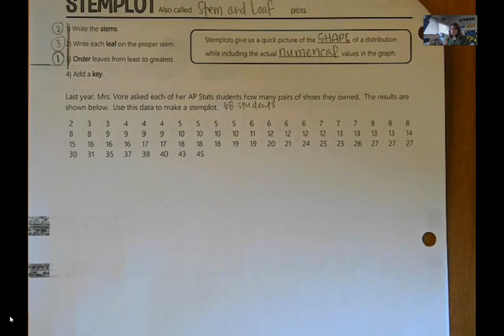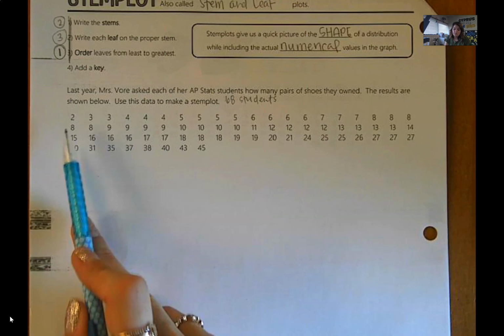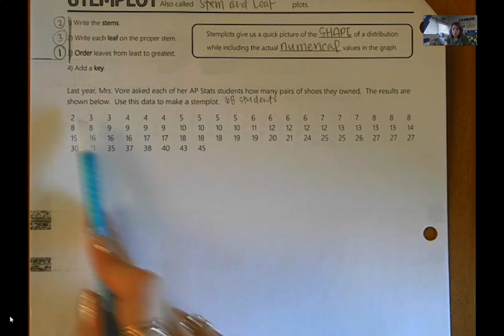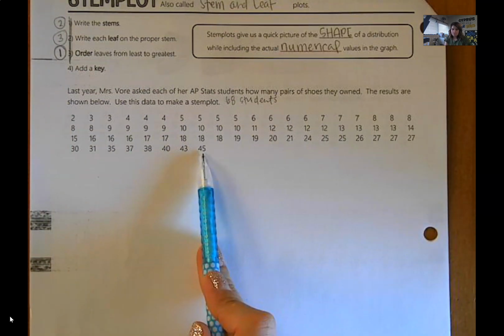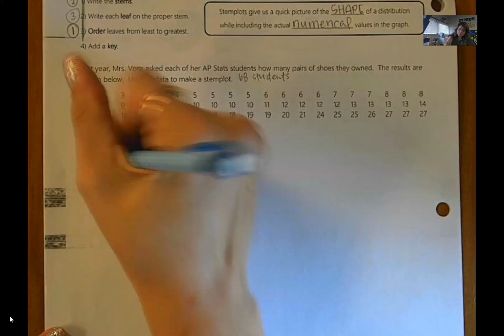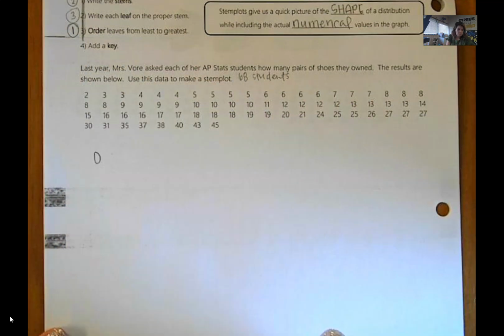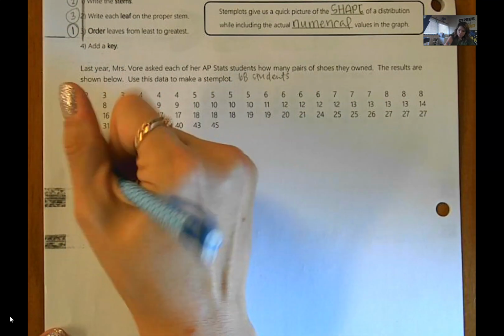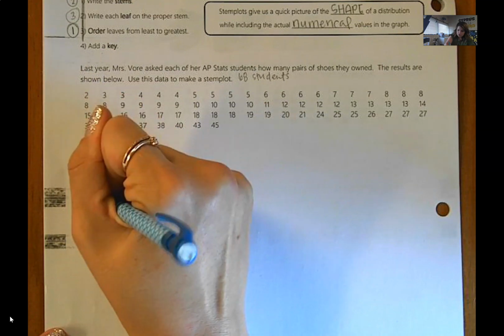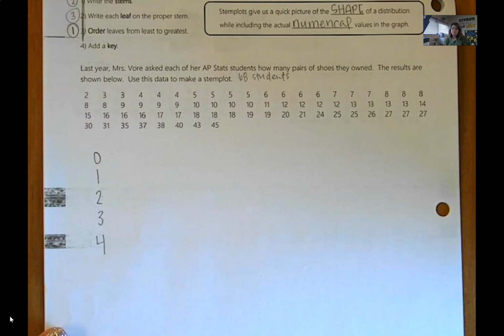So then the next thing we do is we look at the range of our values. So we're going from 2 up to 45. So that means that we need a stem at 0, then we need a stem for 1, 2, 3, 4.